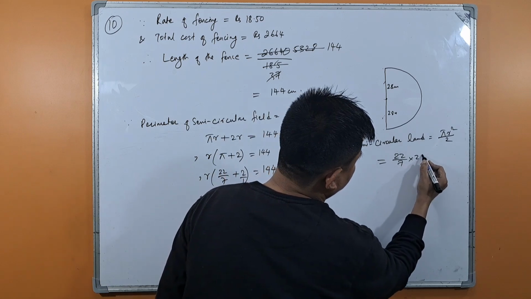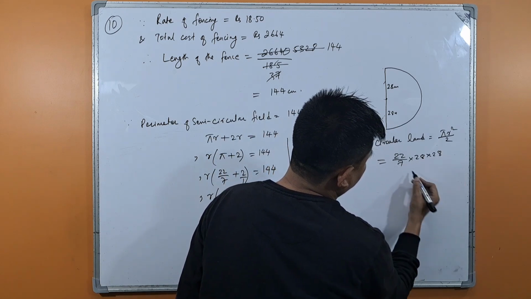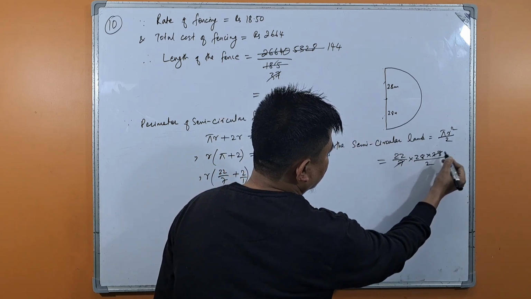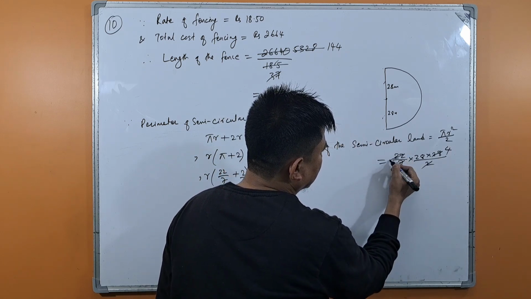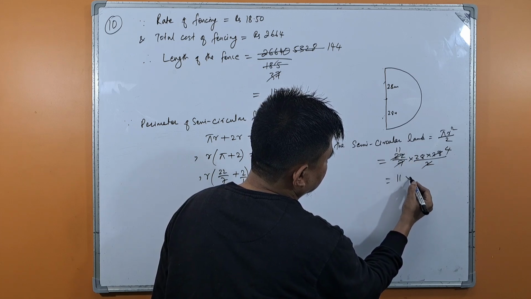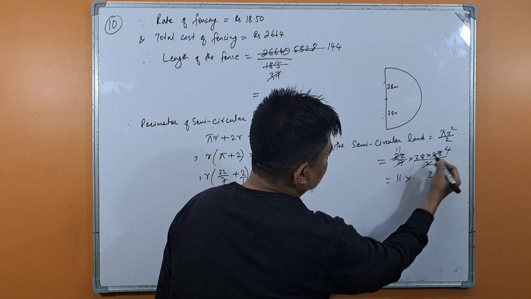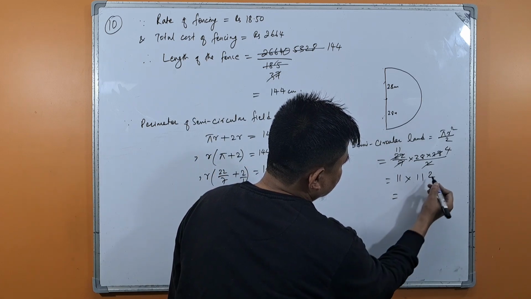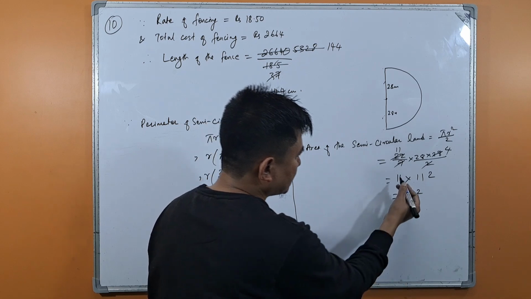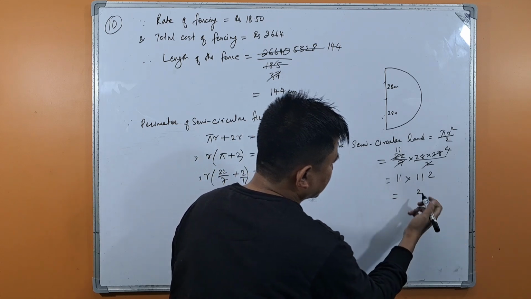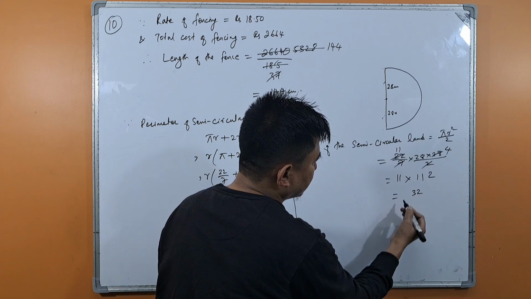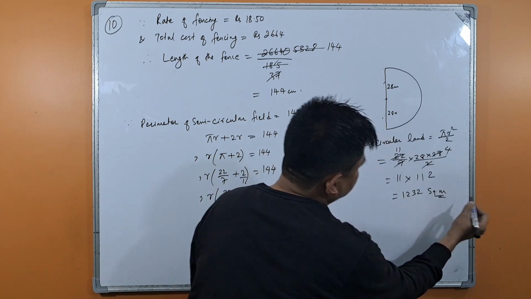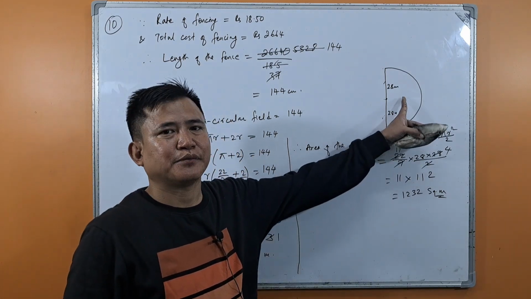So 28 into 28, and this 2 is in the denominator, we write 2 here. 7 1s are 7, 7 4s are 28, 2 1s are 2, 2 11s are 22. 11 into 4 8s are 32, 4 2s are 8, and so on. We get 1232 square meters. So this is the area of this semicircular land.